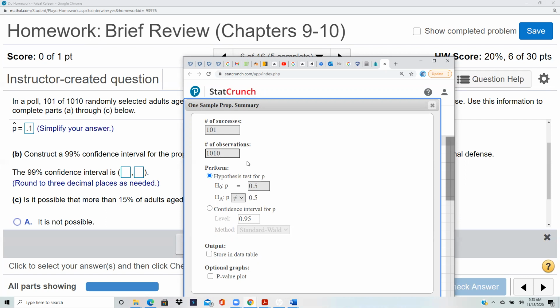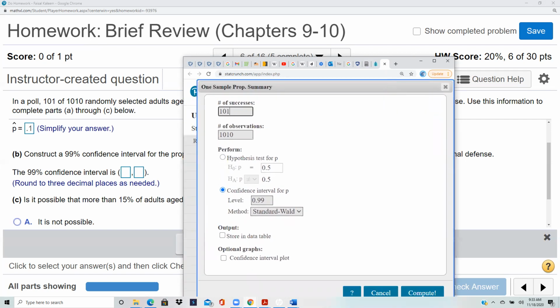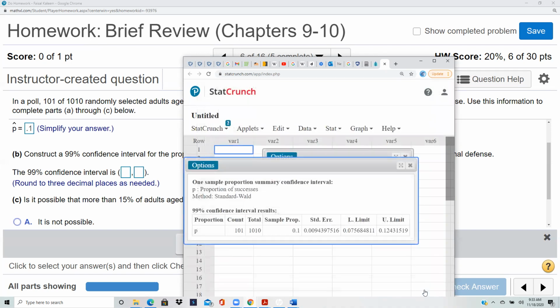Okay, and we go to confidence and 99. So 0.076 and 0.124.